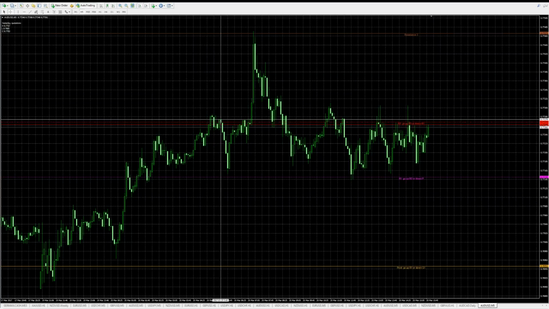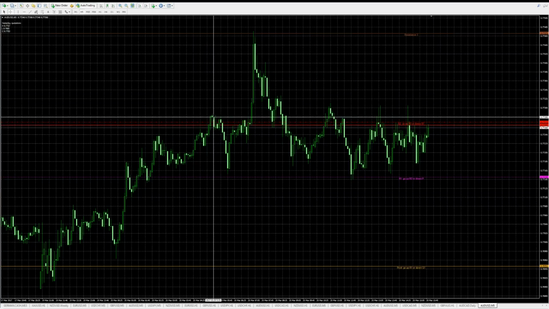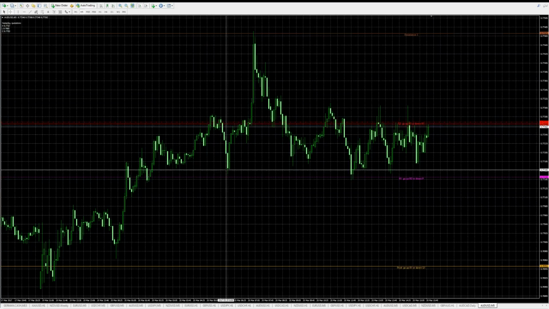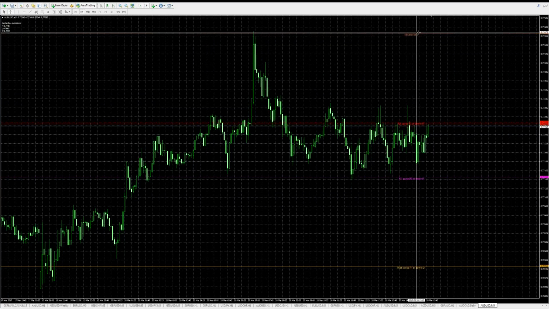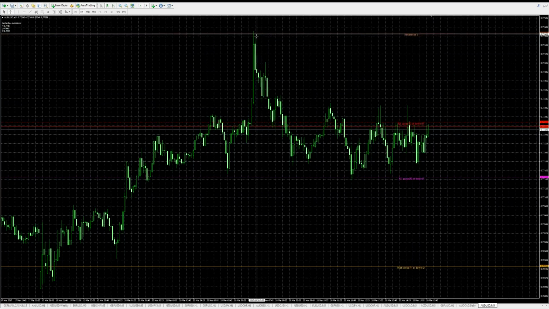It continued all the way to resistance number 2. Once it hit resistance number 2, you had a reversal here and it went all the way back down. This doesn't matter to me. I was waiting today because it's Monday. I hate trading on Monday, but I was waiting to see the third resistance.